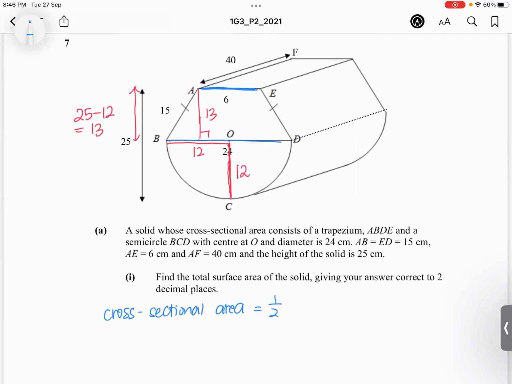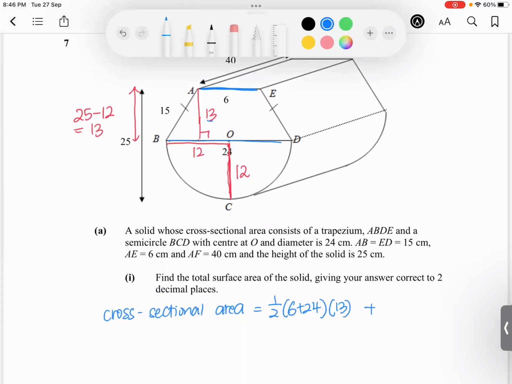So half bracket 6 plus 24, times the perpendicular height, which we found to be 13. Plus then there's a semicircle. Remember to put half pi r squared, 12 squared. Then you calculate your answer for this one. I got 421.19.